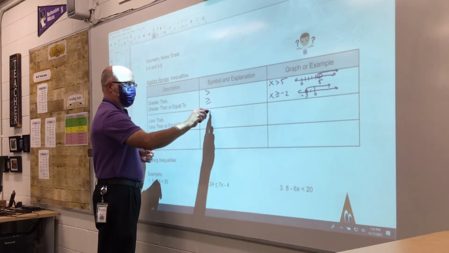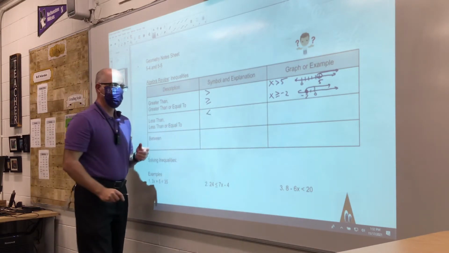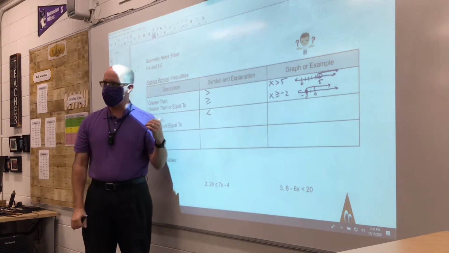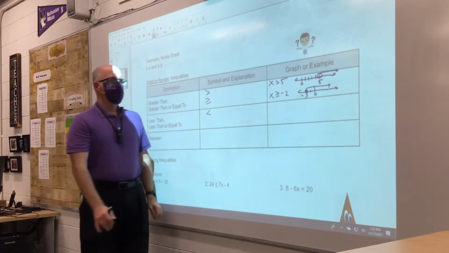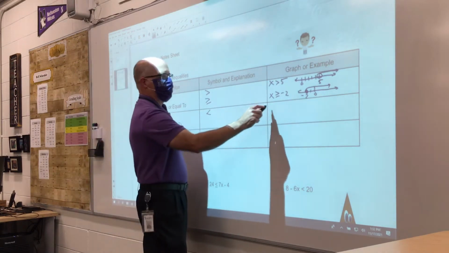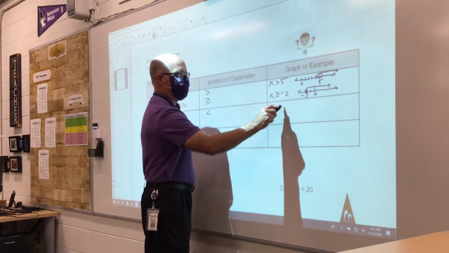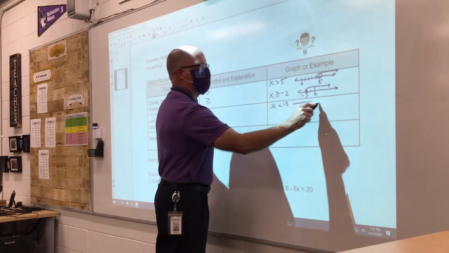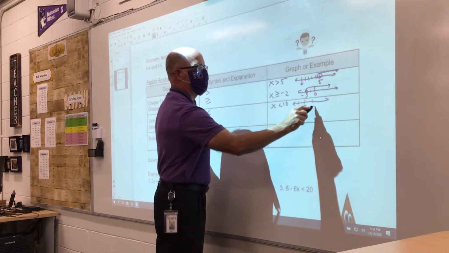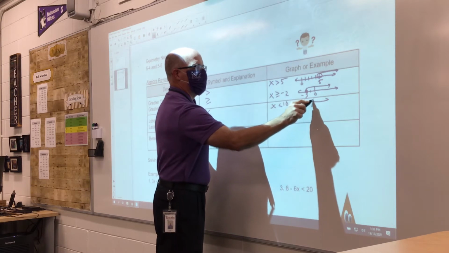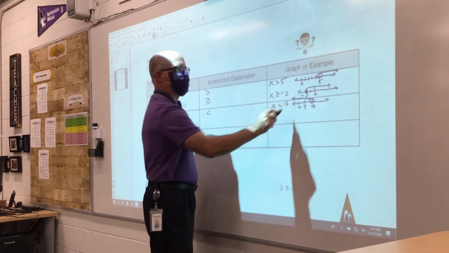Less than goes the other direction. It points to the left, saying that the number on the left is smaller than the number on the right. So if we have x is less than 10, on our number line, I'll go by 5s. It would be an open dot on 10 and shaded to the left.